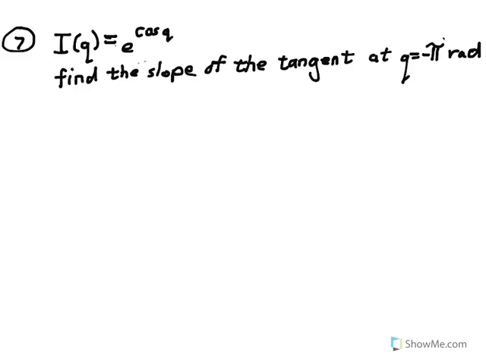Alright, so I of q is equal to e to the cosine q. Find the slope of the tangent at q equals negative pi radians. Alrighty. Just a reminder, slope of the tangent is the same thing as the derivative. So really what this is saying is find the derivative at q equals negative pi. So the first thing we have to do is find the derivative.